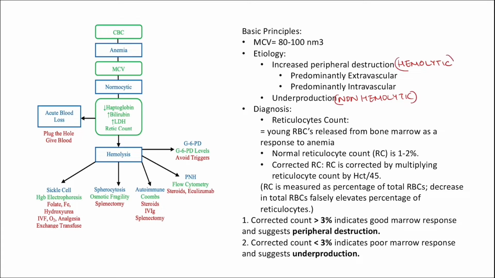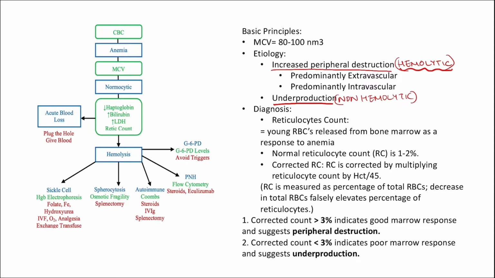Different books and different sources will call it different names, but if you just remember the word hemolytic and the fact that there is destruction of the RBCs, you already know that the bone marrow is just fine, so this would be a problem with increased peripheral destruction. On the other hand, non-hemolytic, which is to say that the RBCs are not being destroyed outside, they're just defective when they're being made, would obviously mean that that's an underproduction kind of anemia.